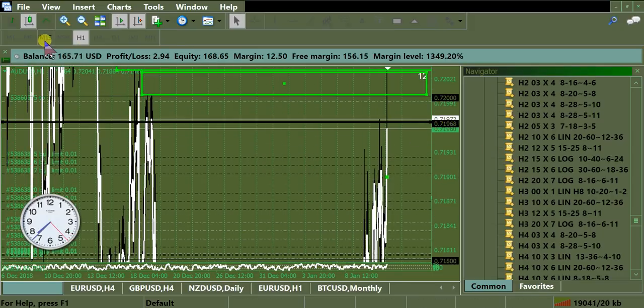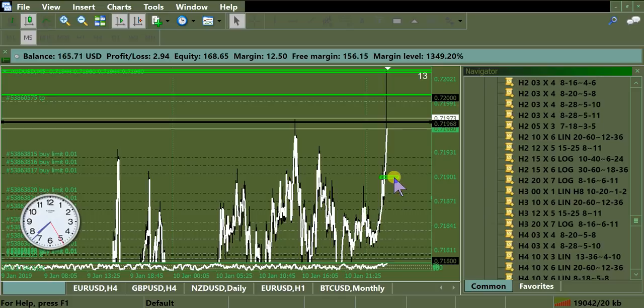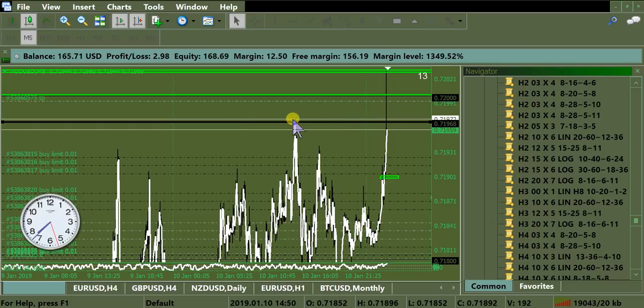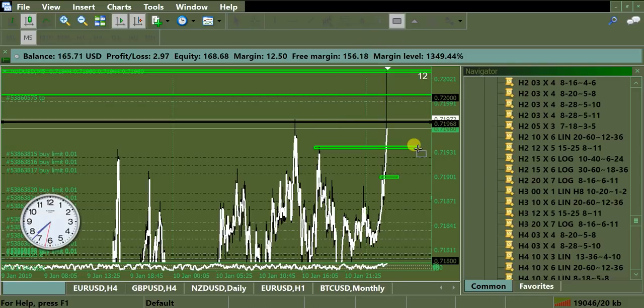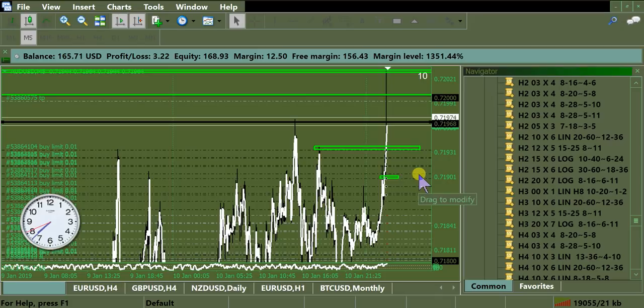Okay, so their greedy target is here, right? And here's the other wicks that they punched through. Here would be the next target, so I will put buy limits here for 2 hours here. There's a very tight stop.